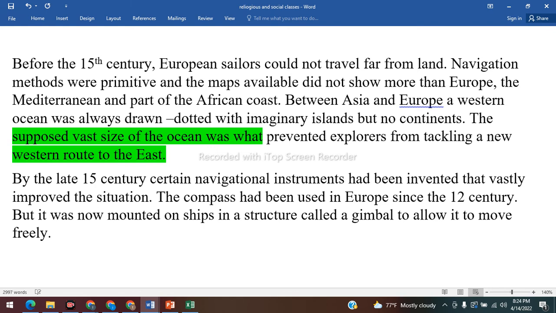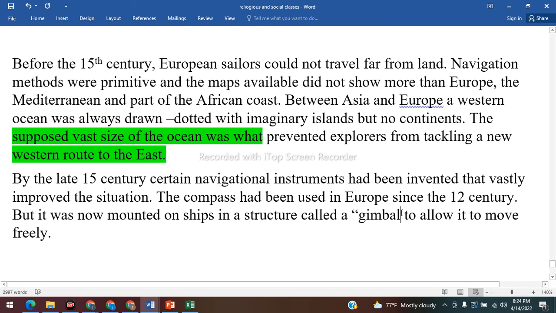So they always used the compass since the 12th century. Now we're in the 15th century, so it's quite a bit of time. But now they put the compass in a structure called a gimbal, and it allows it to move freely. Let me show you what I mean by a gimbal.